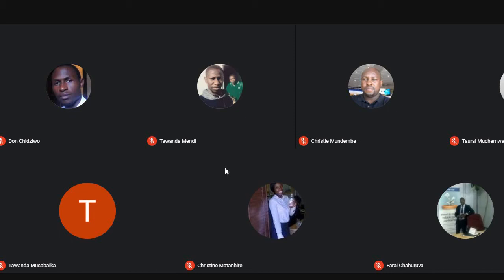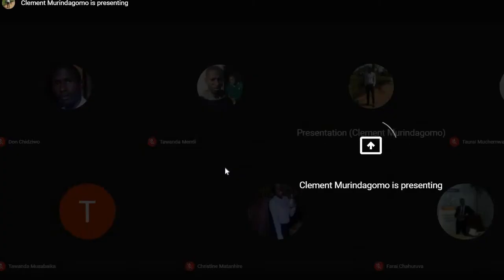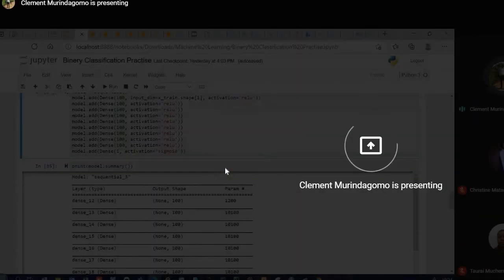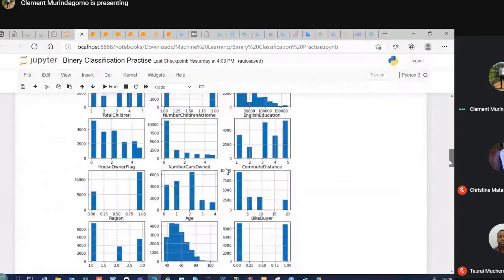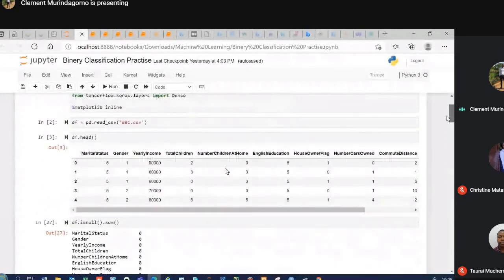Okay, let me share my screen. It's an error that I have noticed in my code. You can see my screen now. Yes, it's visible.